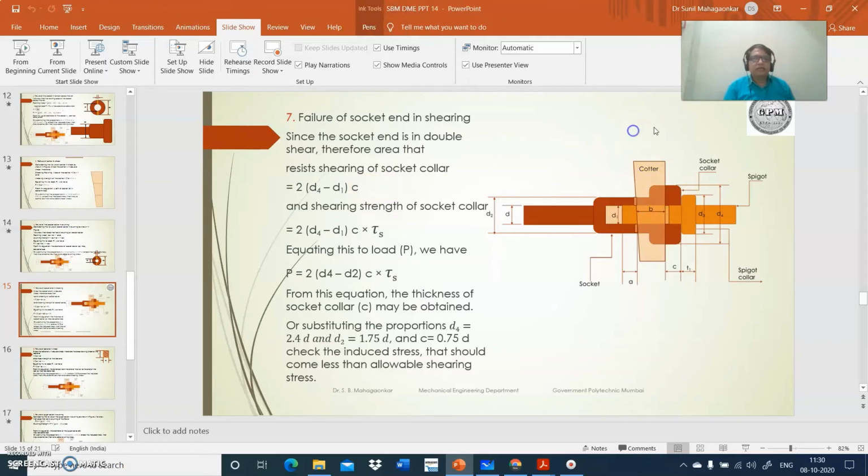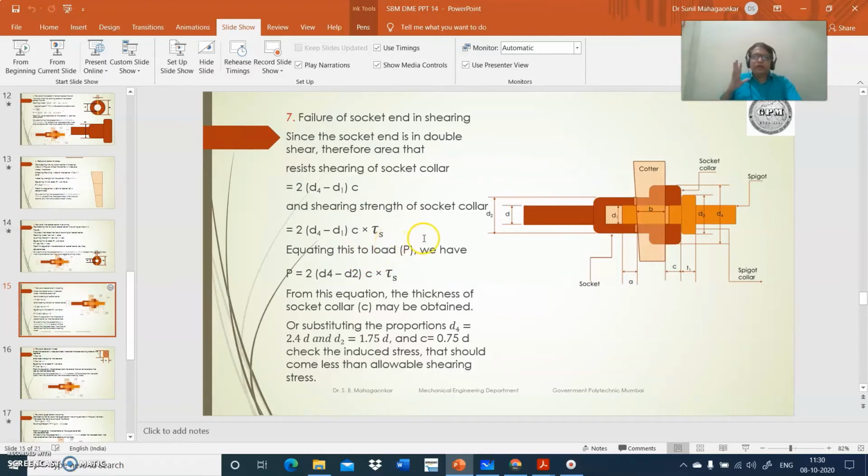Is it clear? Once after getting this, tau s is the allowable shear stress, not for the quarter, it is for the socket. This is very important. Here instead of a socket, if you take a quarter, you will not get full marks for that.